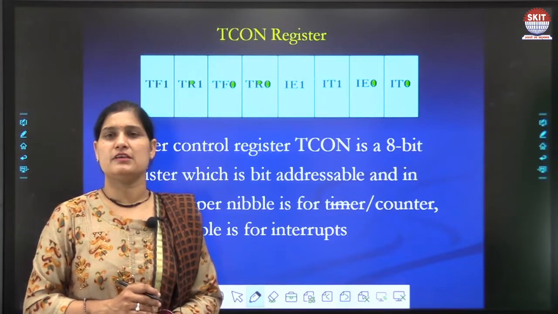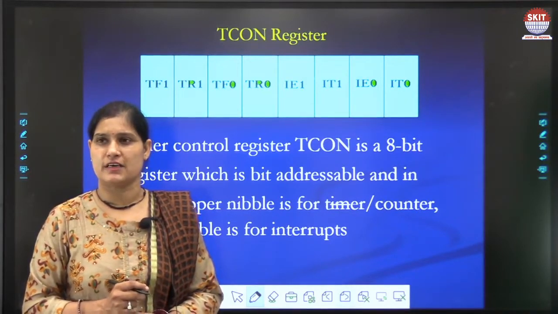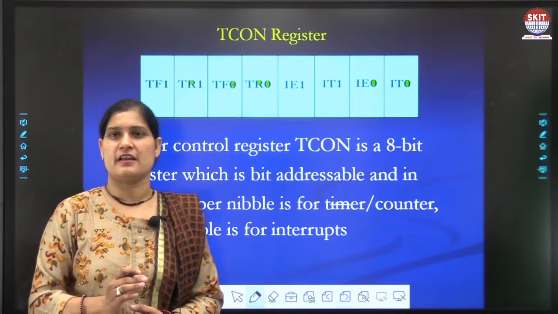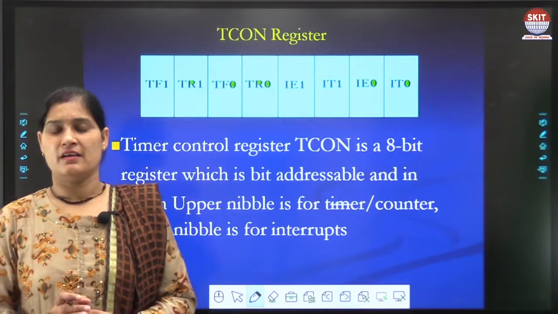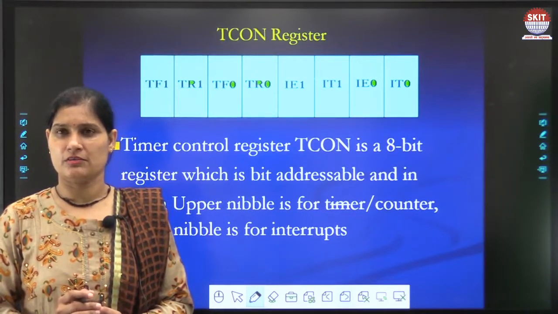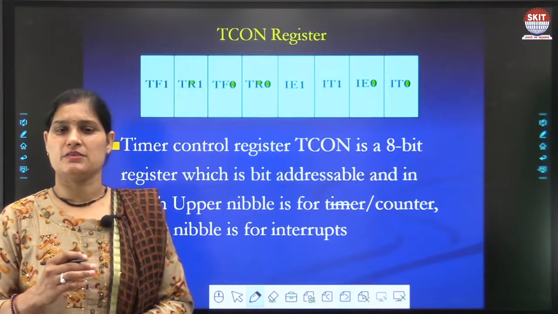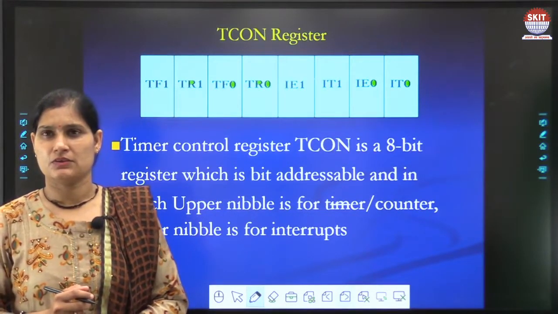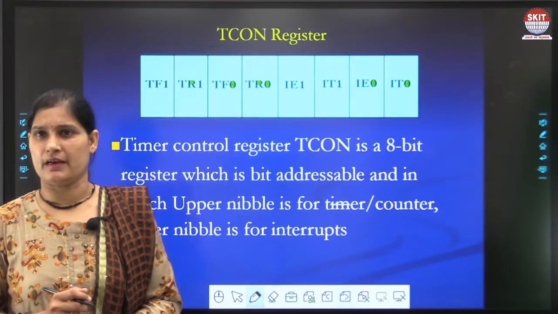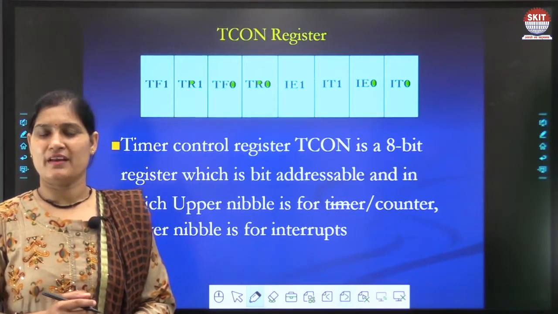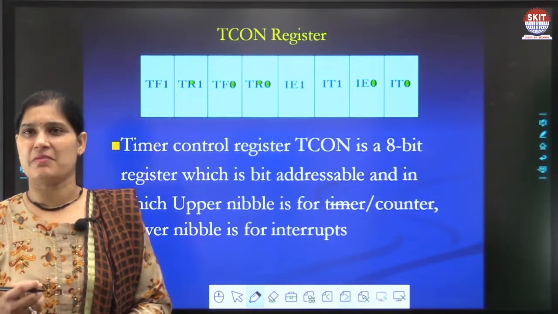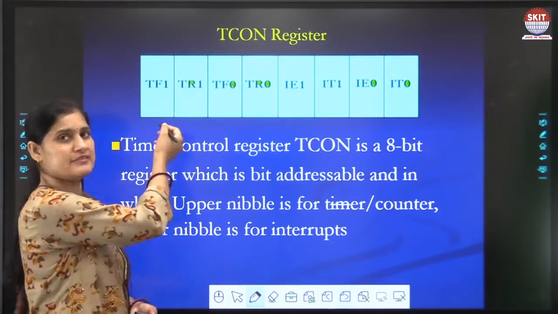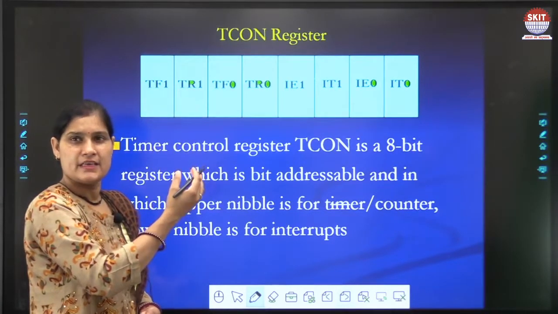TCON is also a special function register. Among the special function registers, many are bit addressable, and the TCON register is one of them. It means you can access each single bit of the TCON register, and alter, set or reset each bit.